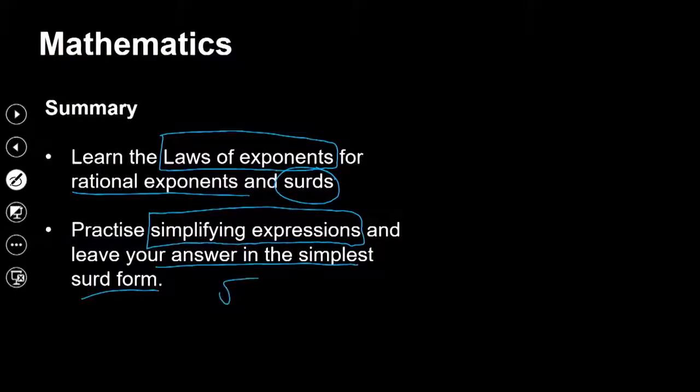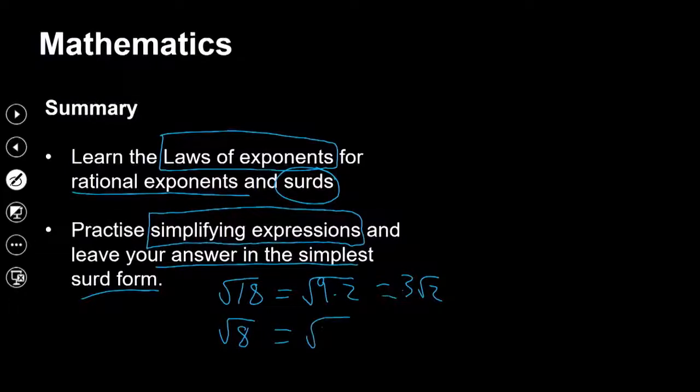For example, if I have my answer as square root of 18, I can't just leave it like that. I need to simplify this and say it's square root of 9 multiplied by 2, which will give me 3 square root of 2. You see, if it's square root of 8 as the answer, I can't leave it like that as well. It will be square root of 4 multiplied by 2, only if it can be simplified. 2 square root of 2, and that will be the answer there.